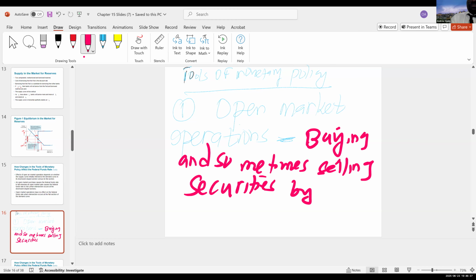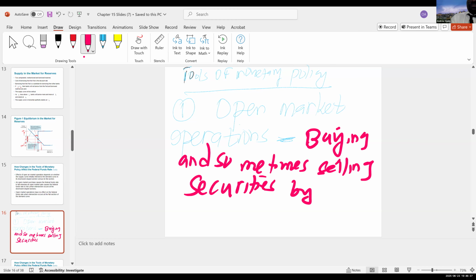So there are two scenarios. There's case one, and then there's case two. When the Fed buys bonds from banks, it is not automatic that it will affect the equilibrium federal funds rate; it may or may not.